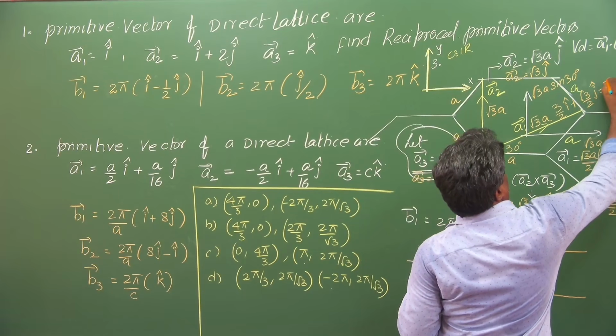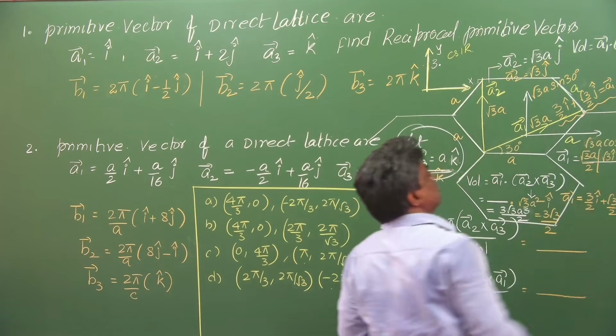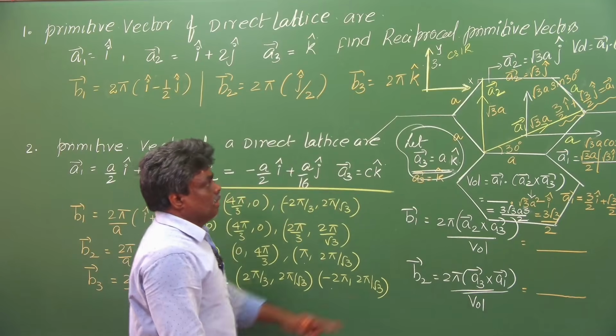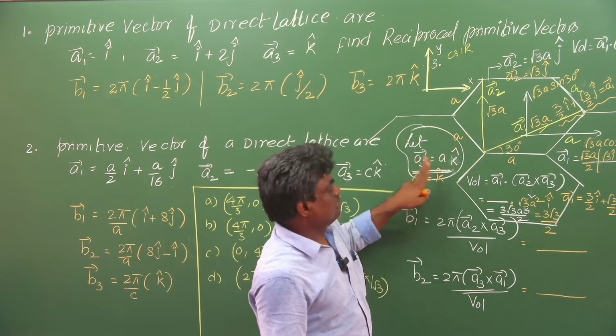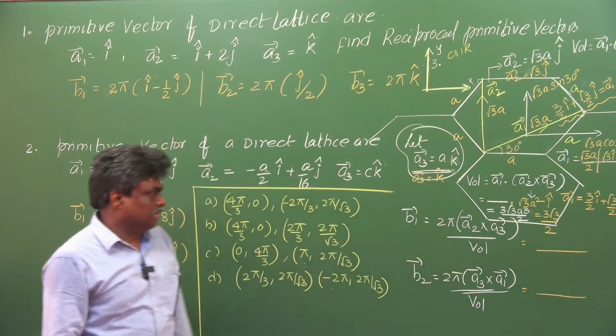A2 bar and A3 bar are here. Find B1, B2, B3.